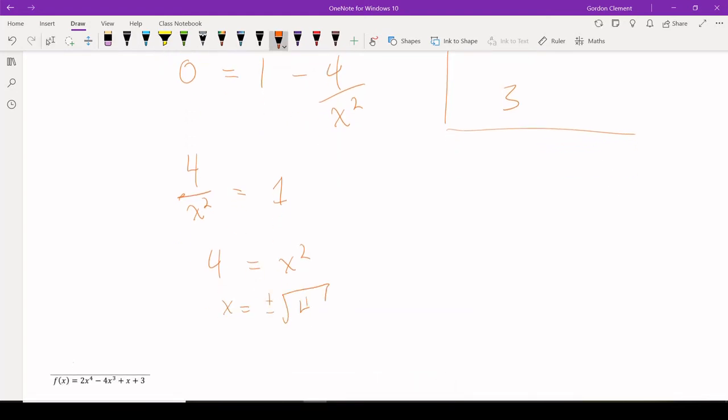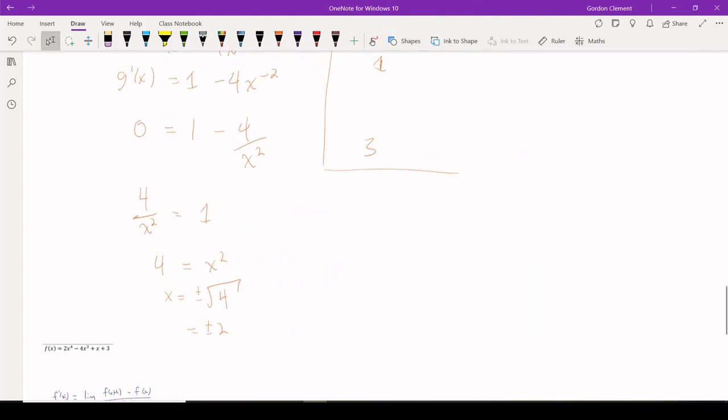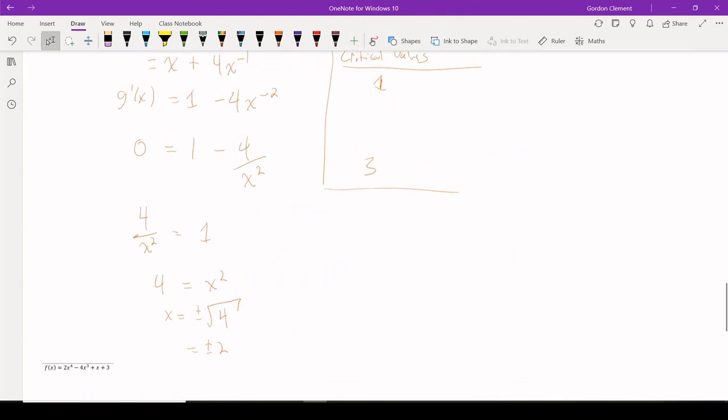And then remember, when you square root, you get 2 answers, so we get plus or minus 2. And so there we go, 2 more critical values. We good with that?